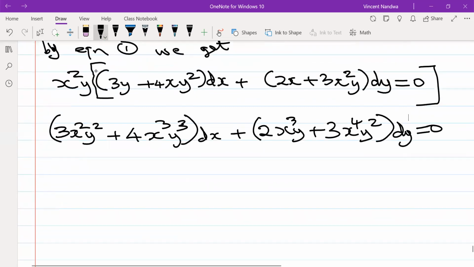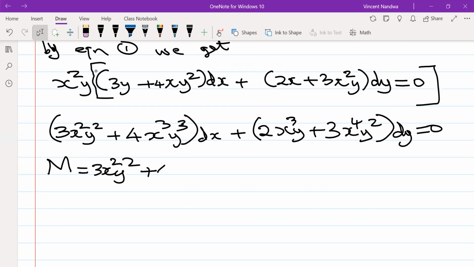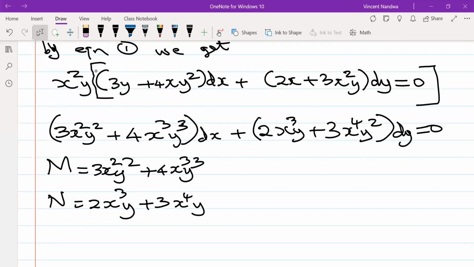So our new M becomes 3x squared y squared plus 4x cubed y cubed. N becomes 2x cubed y plus 3x to the power 4 y squared.